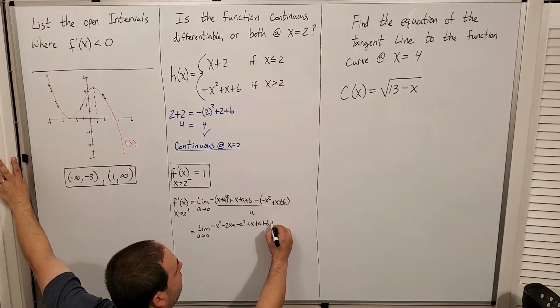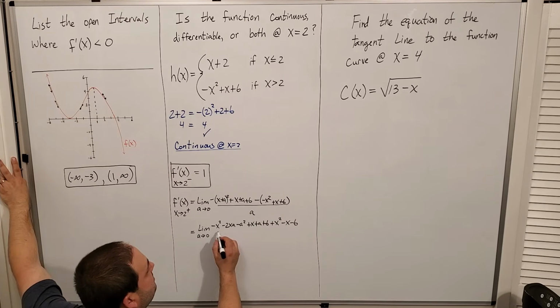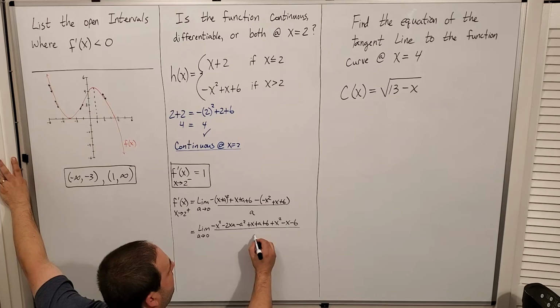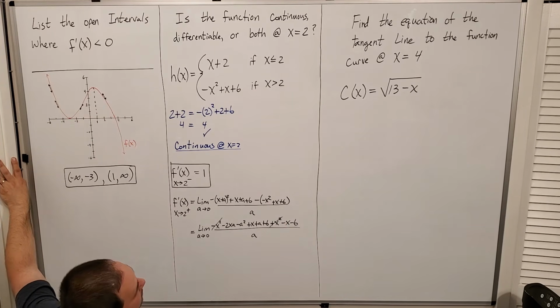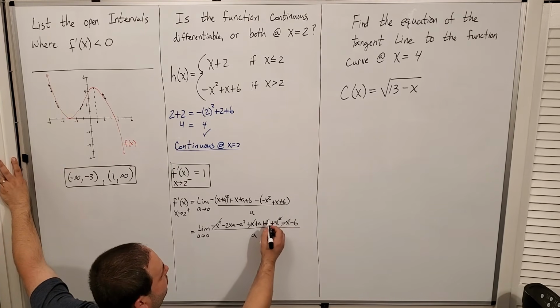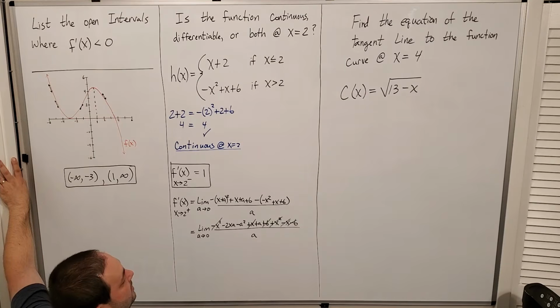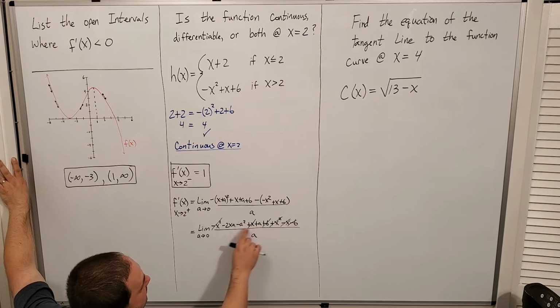And then distribute, so that'll be plus x squared minus x minus 6 all over a. Negative x squared and plus x squared cancel. And then I've got plus x minus x, plus 6 minus 6. And I'm noticing everything else in here has an a in it. I've got negative 2xa minus a squared plus a.